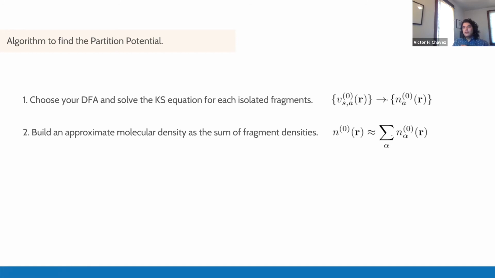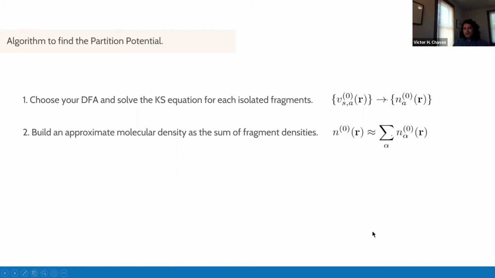And then what we're going to do is try to build the molecular density. And this is of course not the true molecular density, but what we have to do is compare the effective potential that is generating this sum of fragment densities. And of course, we have no access to that because we built this density as a sum of other things.